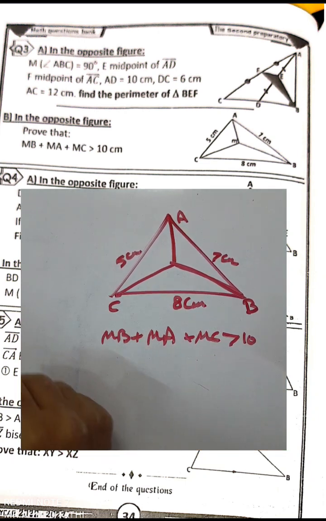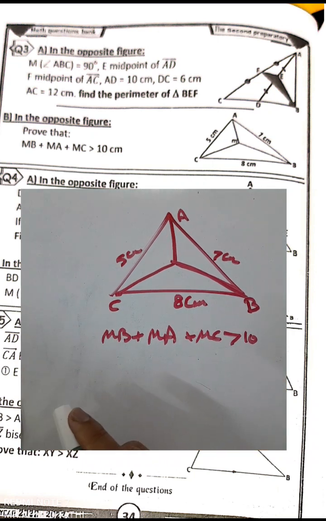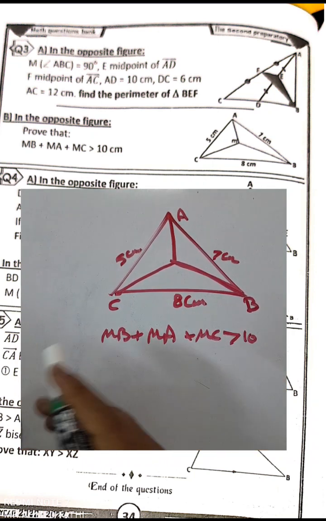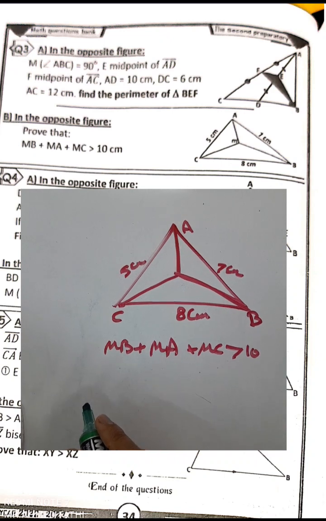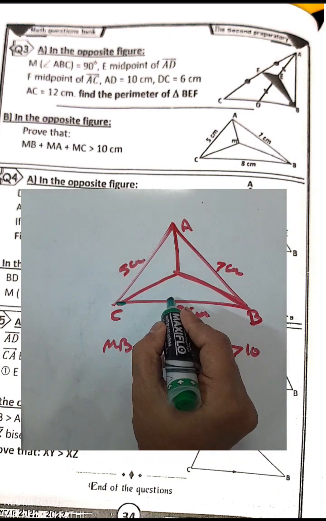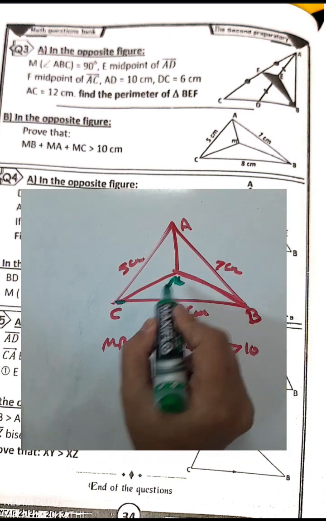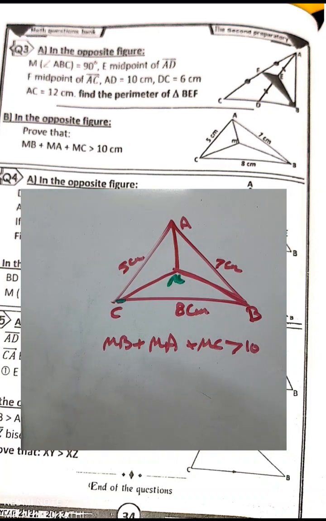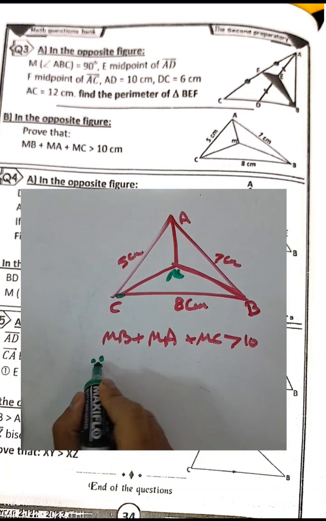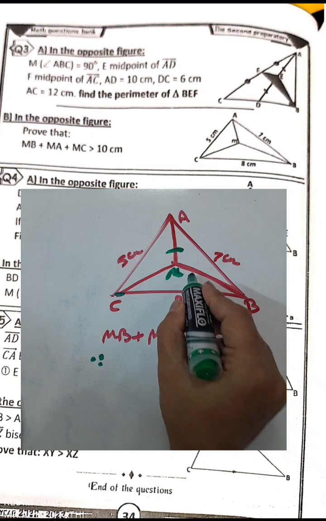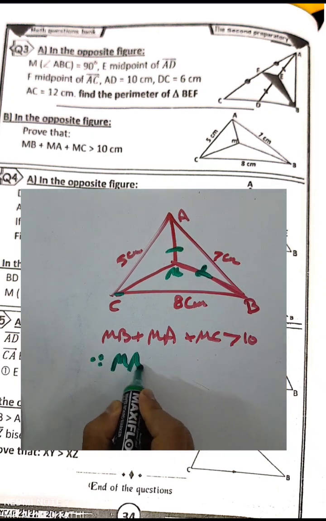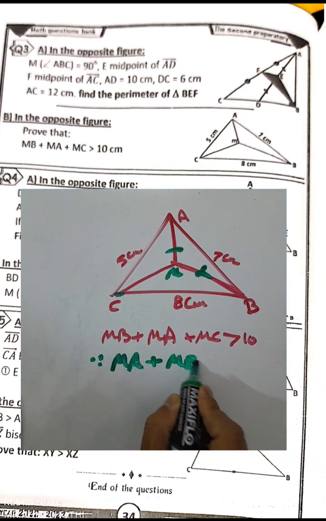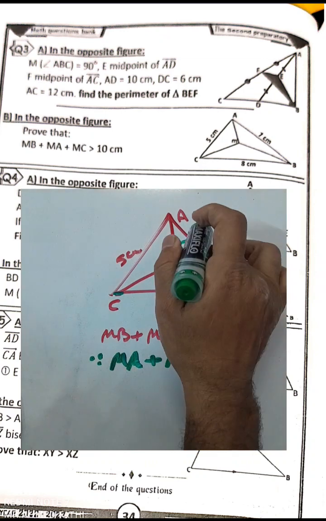You can prove that by using the rule about any triangle: the sum of any two sides is greater than the third. We can write the relation between MA plus MB in this triangle here. Pay attention with me.